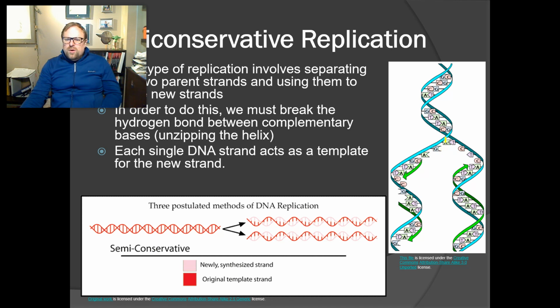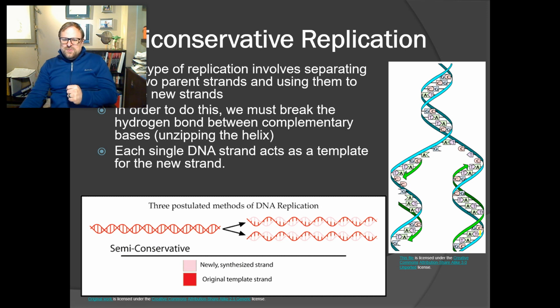In blue would be your parent strand or original DNA, and the green that's being created here is your new strand of DNA. This is why it's semi-conservative. What you'll notice on here, and we'll get to this in a second, is that one side seems to be replicating in small chunks, whereas the other side is replicating continuously.